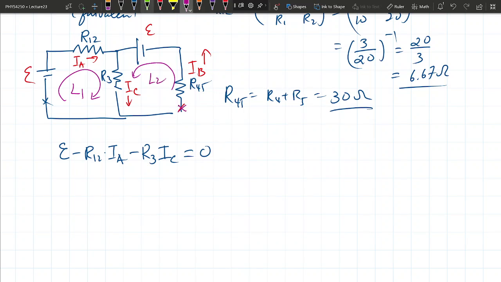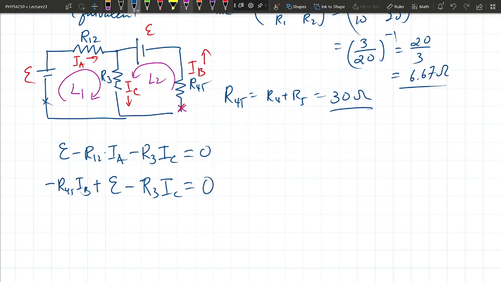I'm going to drop R45 times IB amount of voltage. I go across this battery, I'm going to gain EMF amount of voltage. I'm not home yet. When I go across this, I'm going to drop R3 IC amount of voltage also.